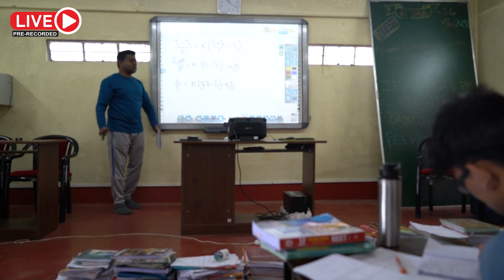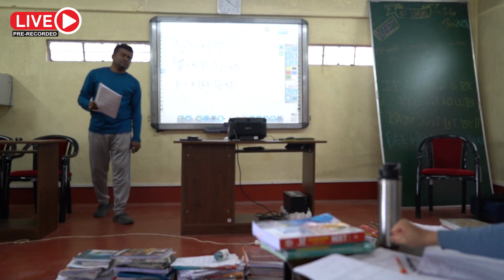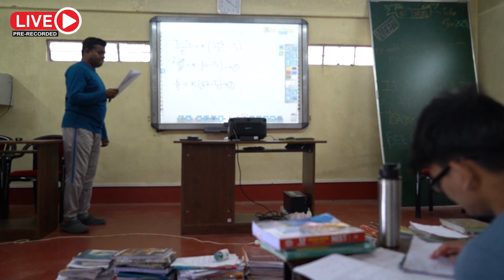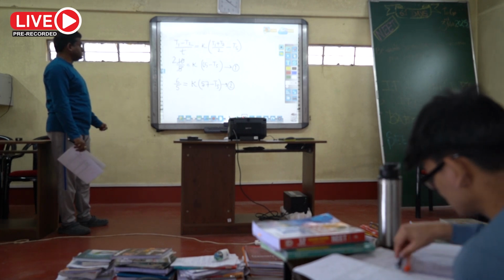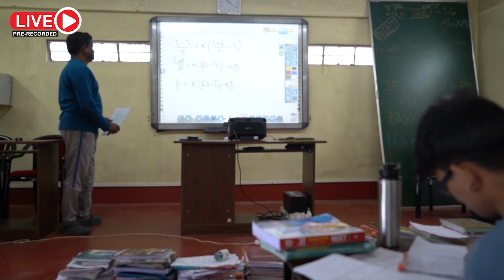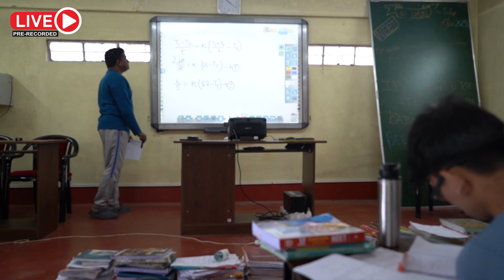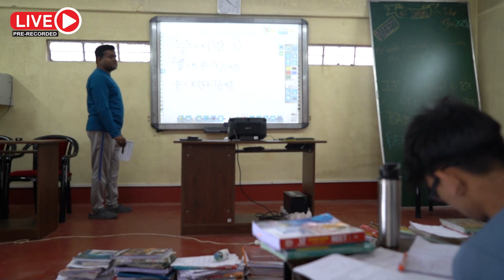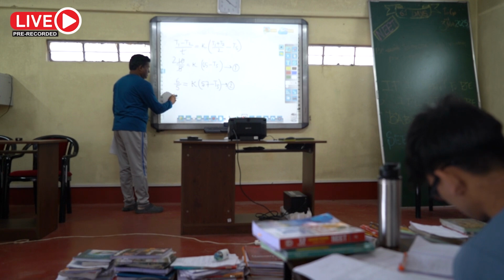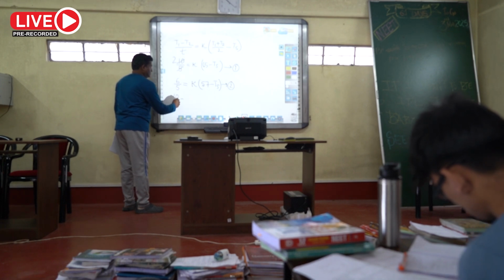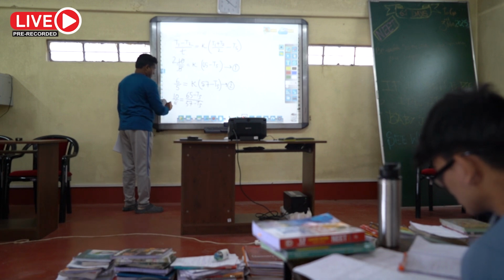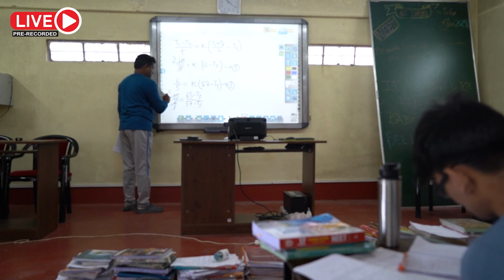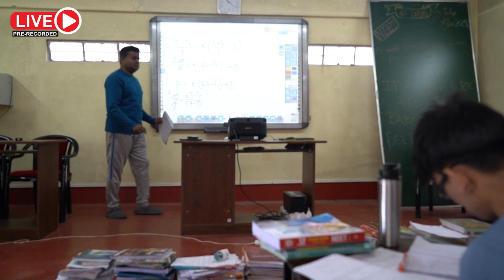Then divide these two to eliminate K and find Ts. So if you do 1 by 2, then it will be 2 by 6 by 5. 2 by 6 by 5 means 10 by 6. This is equal to 65 minus Ts by 57 minus Ts. Then multiply and calculate Ts.